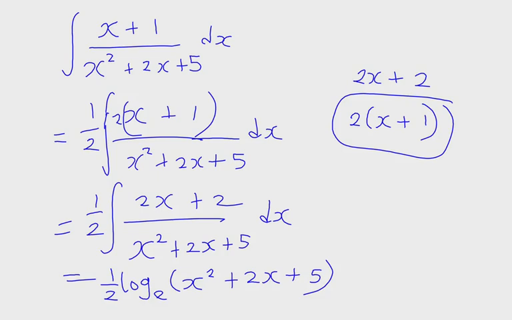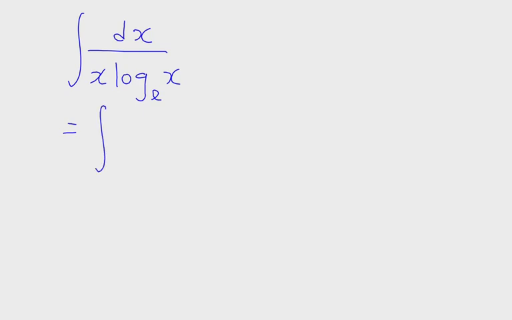So one more: the integral of 1 over x natural log of x. Now, if you look at this kind of question, it can be written as the integral of 1 over x divided by natural log of x dx.